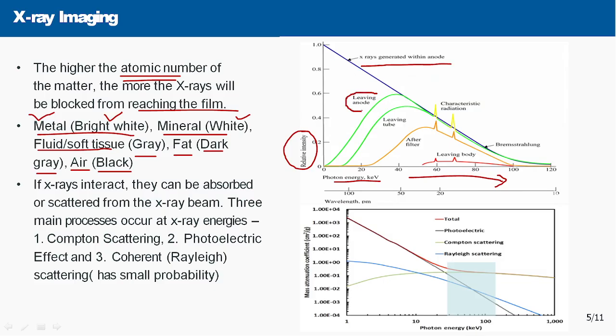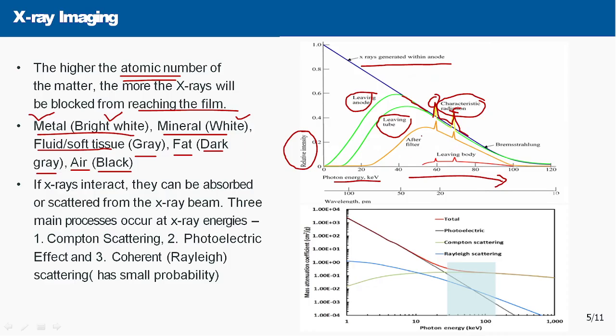Once it is leaving the anode and the tube, it gradually starts falling, as some portion is absorbed. These two peaks are the characteristic radiations. We actually want these peaks captured through this image processing.